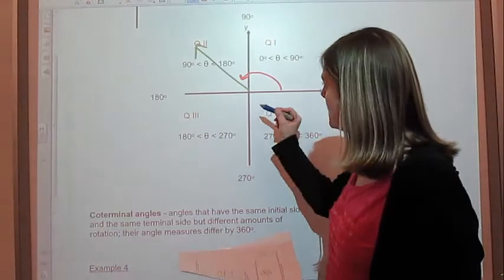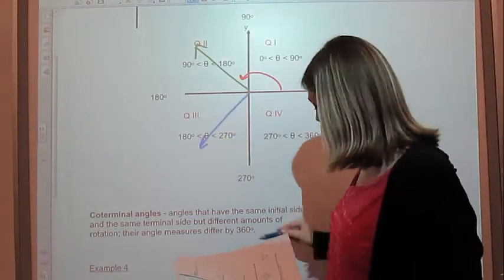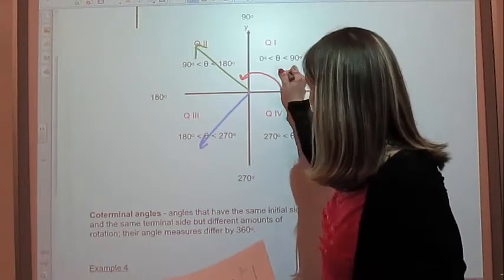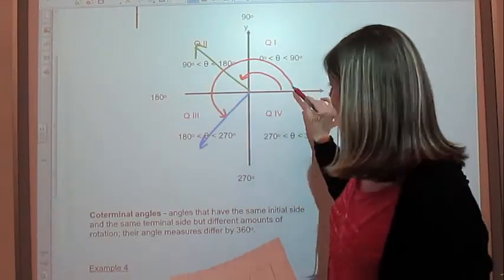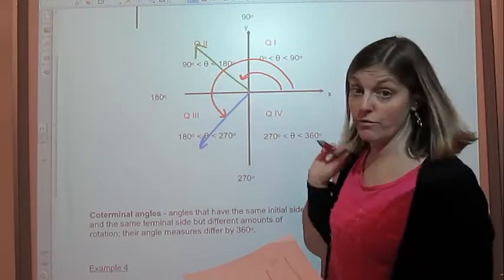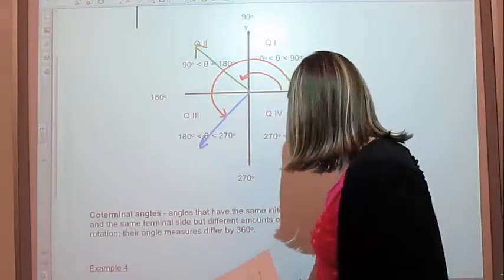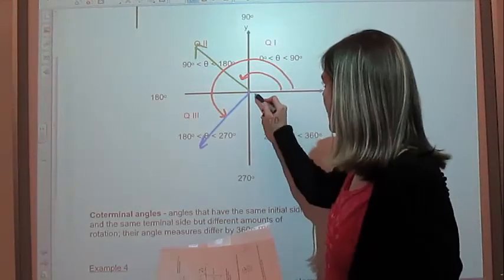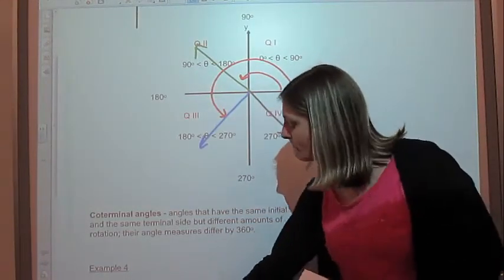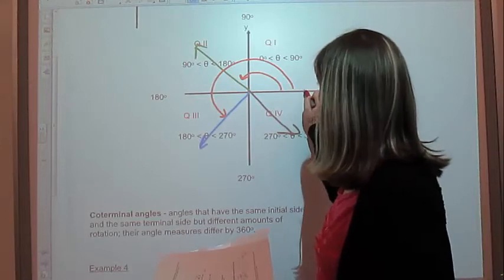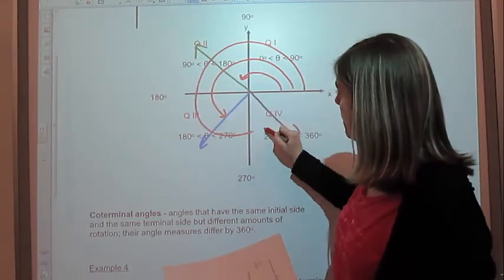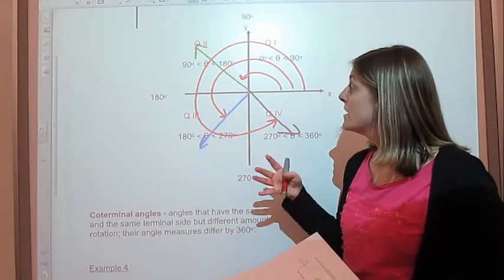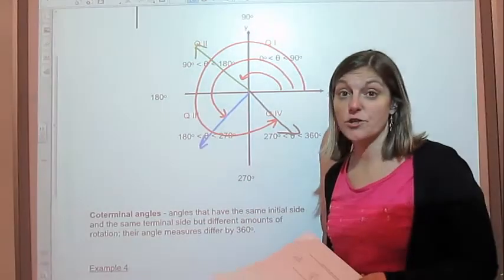If we had a ray coming off here, then that angle in standard position would be the measure from this initial side all the way over, okay? And then if you had one coming off there, then it would be from the initial side all the way to that terminal side. So that's how you can measure an angle in standard position.